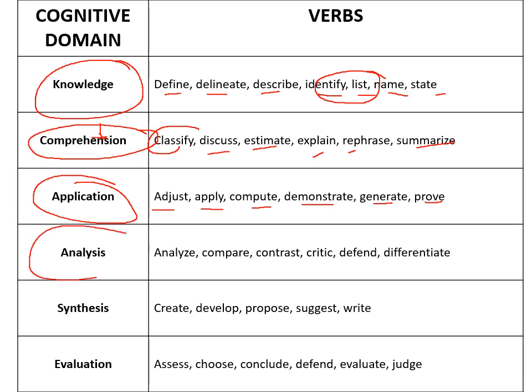When it comes to analysis, you have your analyze, compare, contrast, critic, defend, and differentiate. So these are, again, verbs that indicate or that assume analysis. And then synthesis, create, develop, propose, suggest, write, and evaluation, assess, choose, conclude, defend, evaluate, and judge.